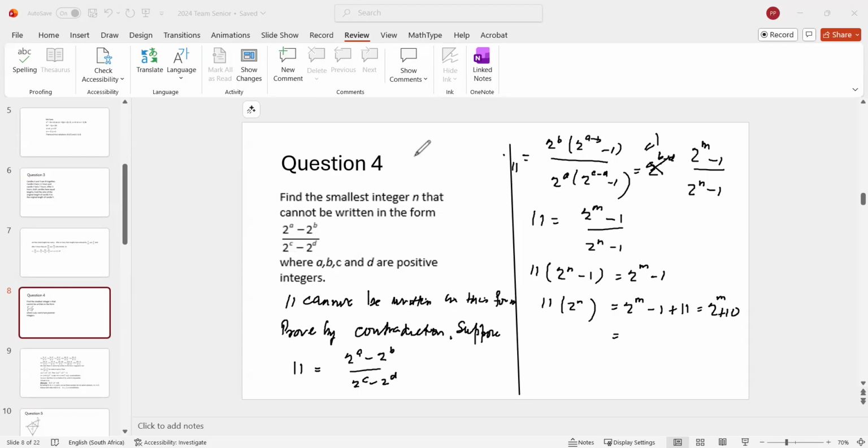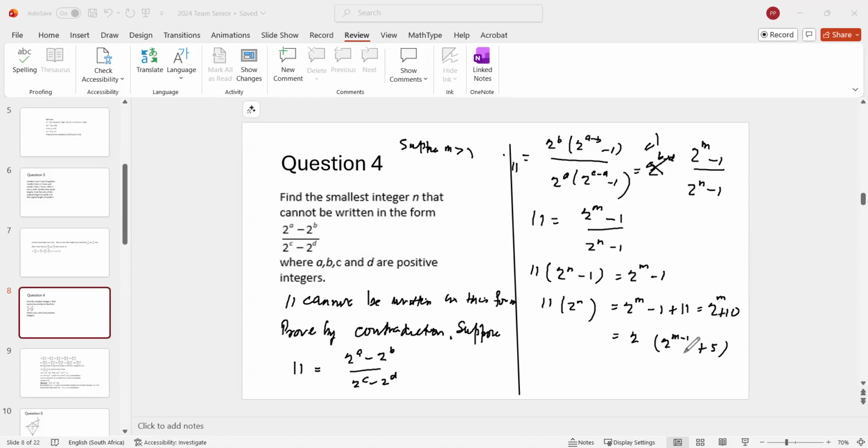Okay, so suppose M is greater than 1, or greater or equal to 1. Now, I want it to be greater than 1. Suppose M is greater than 1. Then I can take the 2 out from this. You get 2 to the power of M minus 1 plus 5.